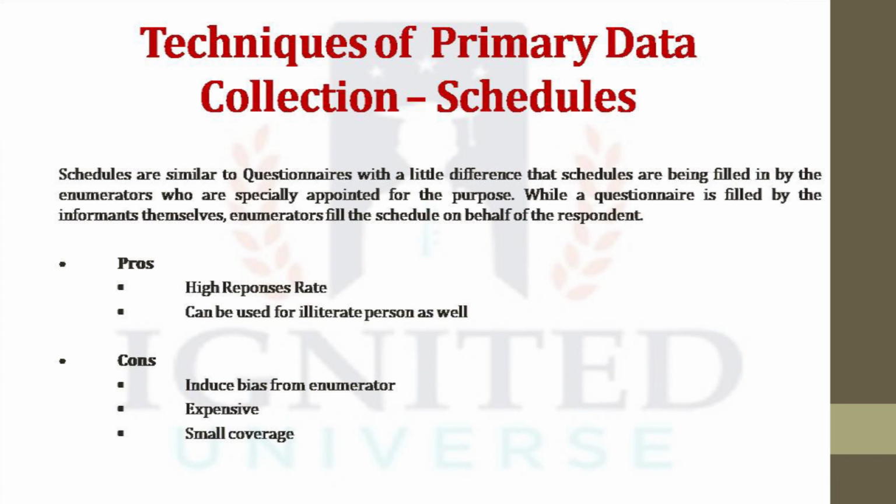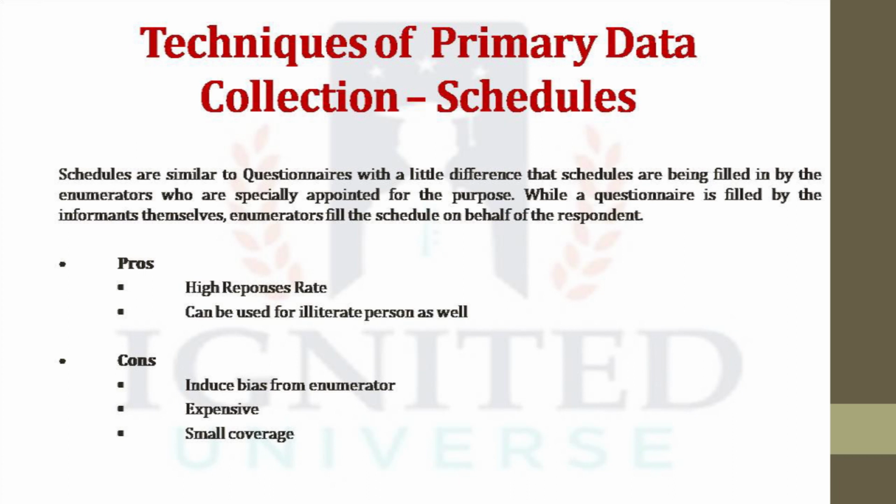Non-response is usually high in case of questionnaire, as against it is generally low in case of schedules. In case of questionnaire, it is not always clear who replies, but in case of schedule, the identity of the respondent is known. Then, the questionnaire method can be used only when respondents are literate and cooperative, but in case of schedules, the information can be gathered even when the respondent happens to be illiterate.